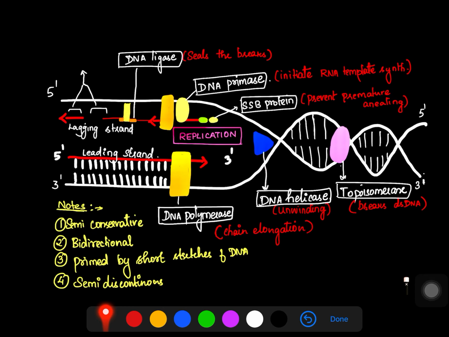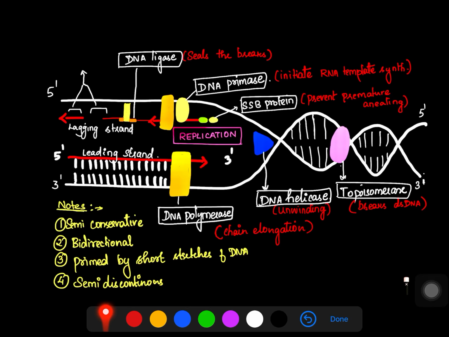Next, the important enzymes are DNA polymerase and DNA primase. I have drawn the polymerase and primase very nearby because the polymerase can elongate the newly synthesized strand, but it cannot initiate new synthesis. For initiation, we need DNA primase. The role of DNA primase is to synthesize an RNA primer, which I mentioned as priming by short stretches of RNA.